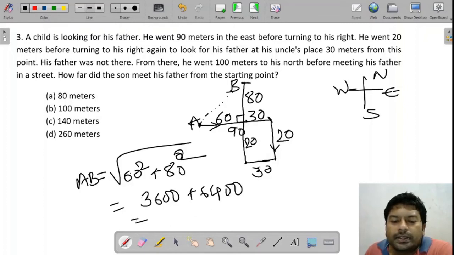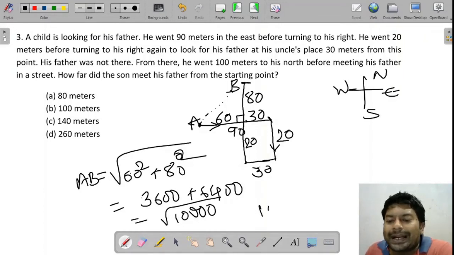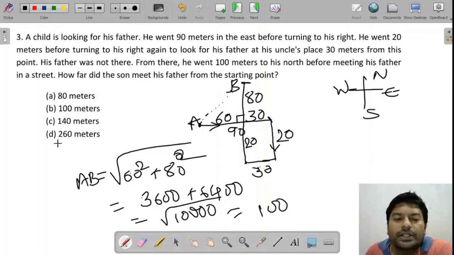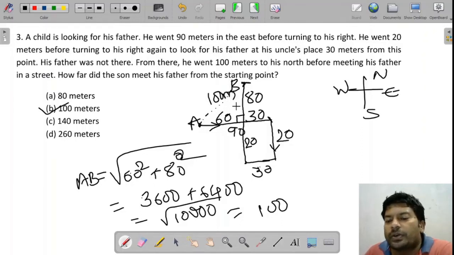This is 10,000. The square root will be 100 meters. So from the starting point, 100 meters away his father is found. So option B is the right answer for this question. We will move on to the next question.